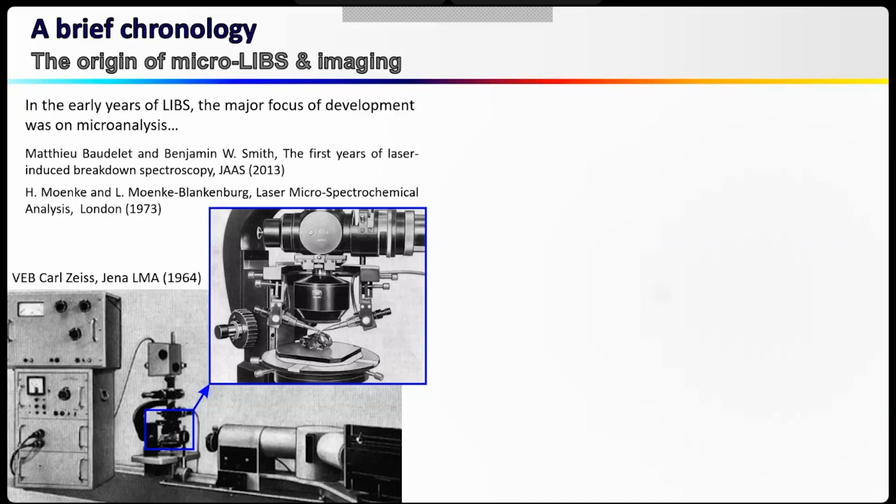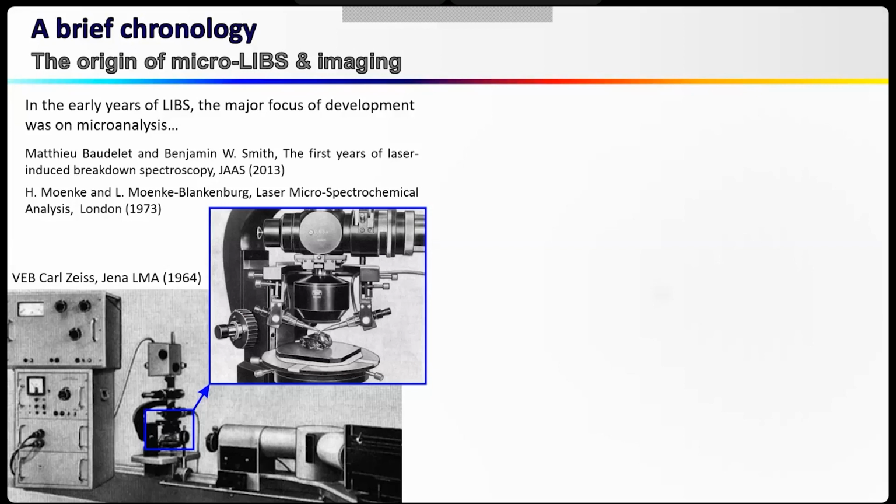And from this plasma, at this moment, 2 French ladies wrote a very good article that is reported in the Matthew Baudelaire review here, showing all the capability of this type of measurements.